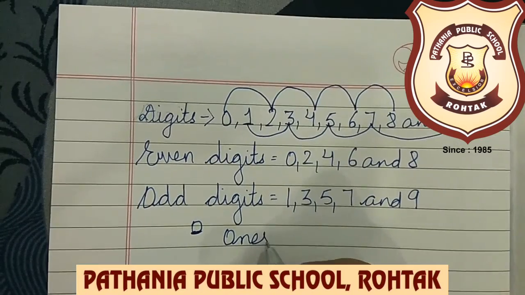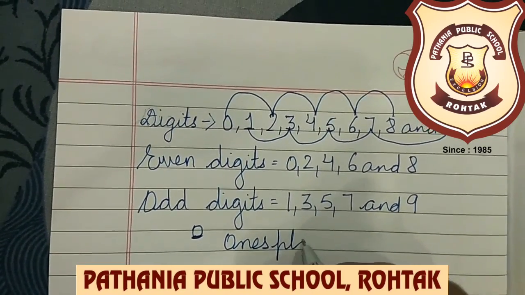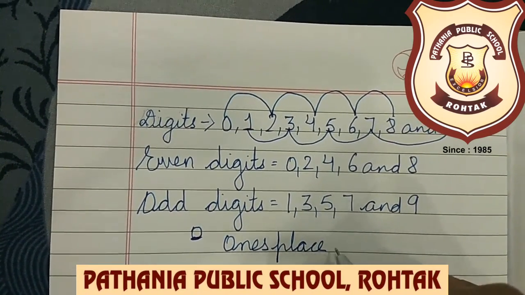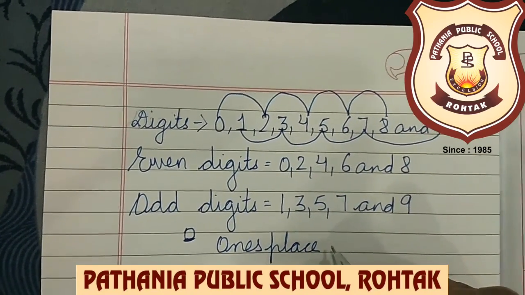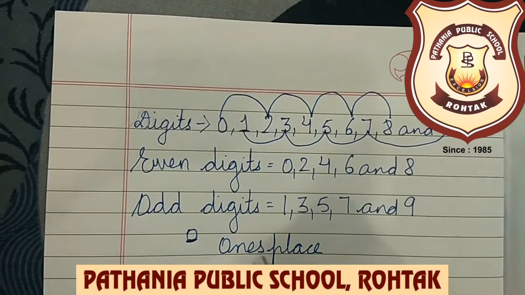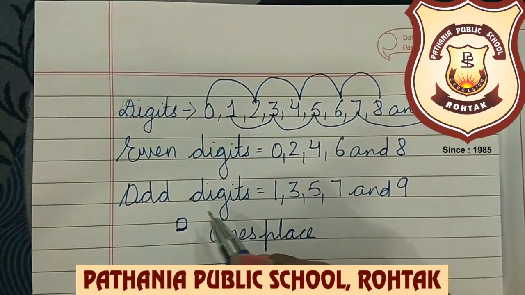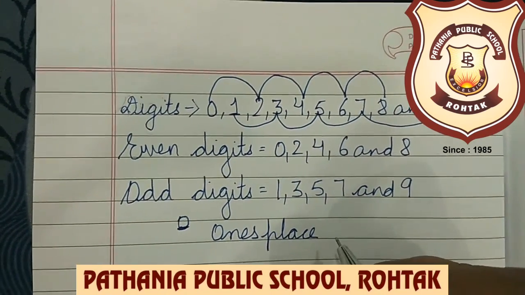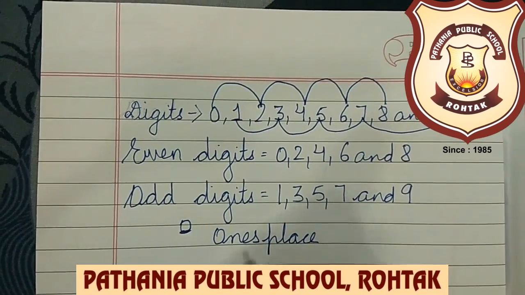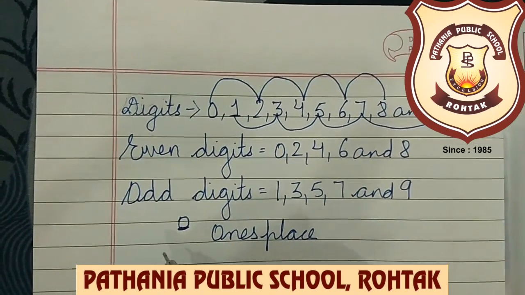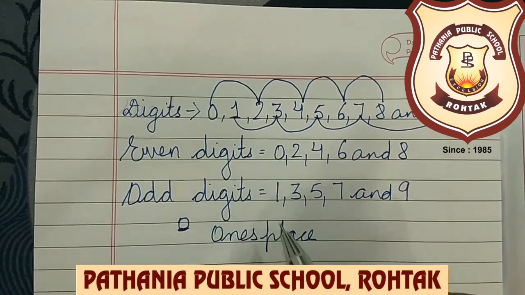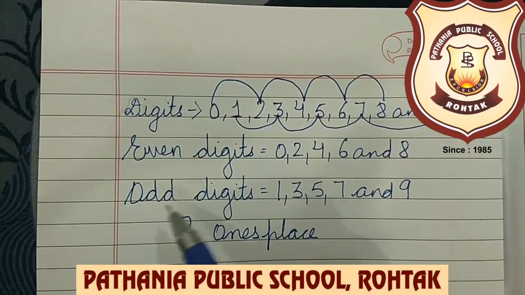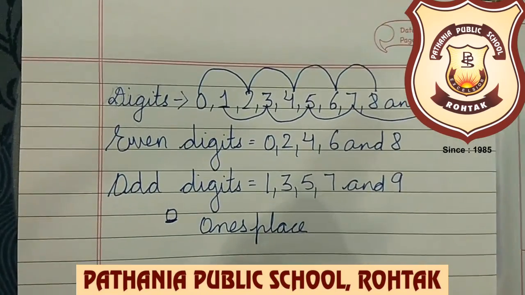If the ones place is an even digit, then it is an even number, and if the ones place is an odd digit, then it is an odd number, irrespective of how many digits a number has. If the ones place digit is even, then the number is even, and if the ones place digit is odd, then the number is odd.